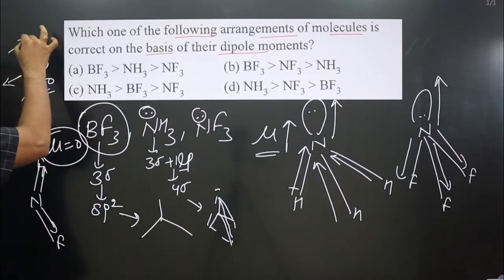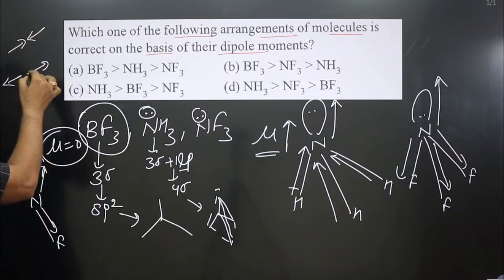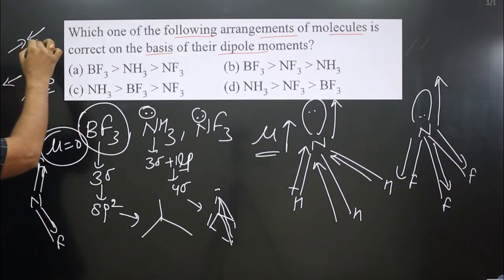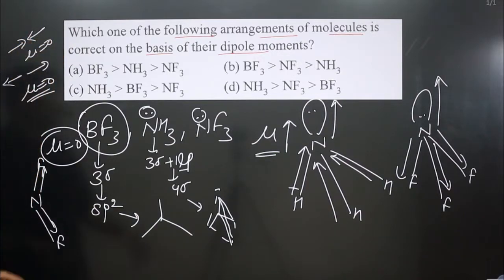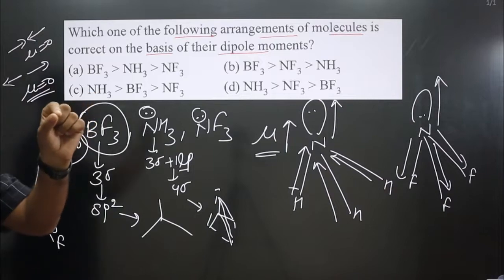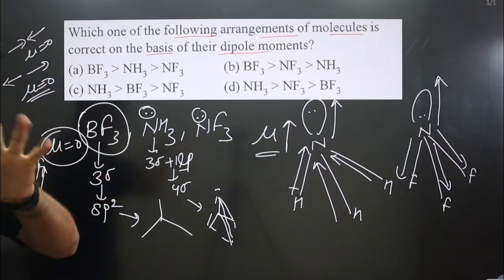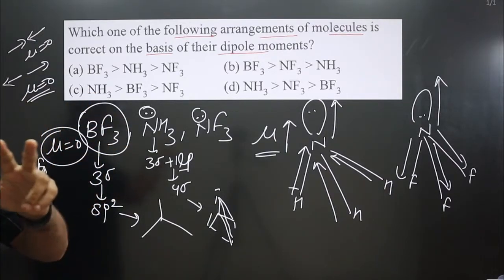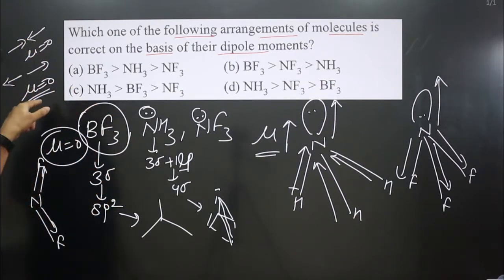If these arrows are coming against each other, in this case also the dipole moment will be 0. And it is possible when the electronegativity of the two atoms is the same. If the electronegativity of the two atoms is not the same, the dipole moment will not be 0.